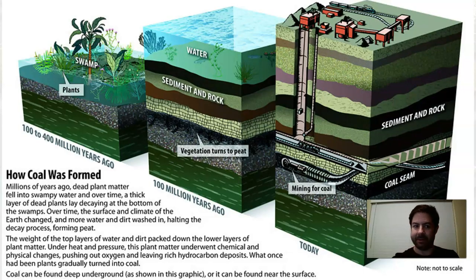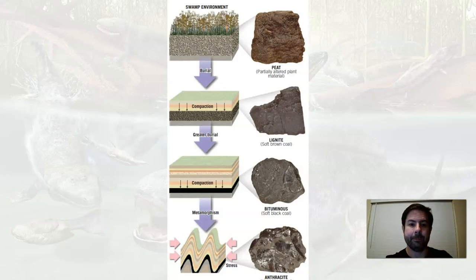So a little bit about how coal forms. Again, you've got swamps, plant material, that dead material falling, getting overlain by additional sediment, more sediment, more sediment. So you get pressure and a little bit of heat, and eventually that organic material gets compressed into coal, which is a rock. And there are actually different types of coal, FYI.